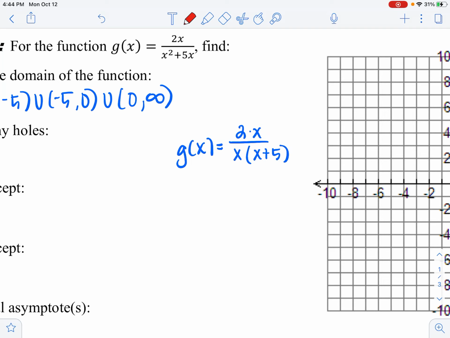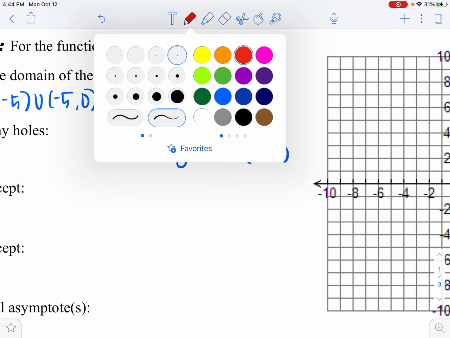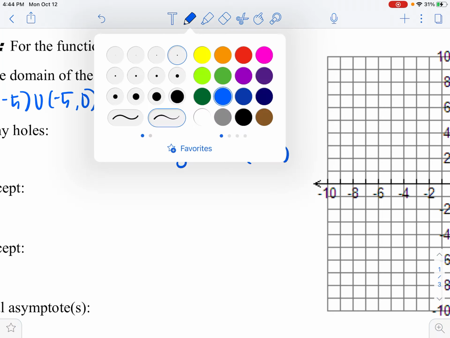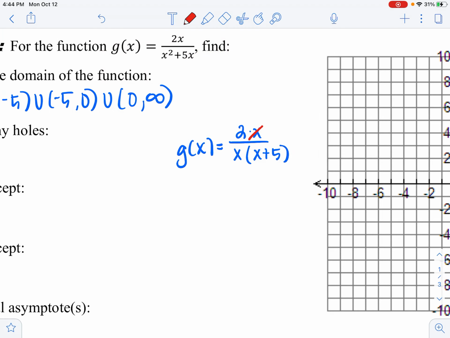The answer is yes. Remember, factors is another word for multipliers. So this is 2 times x. So technically, this is the same as what I just had written down. Okay? So the x's do cancel, this x and this x, because they're common factors.